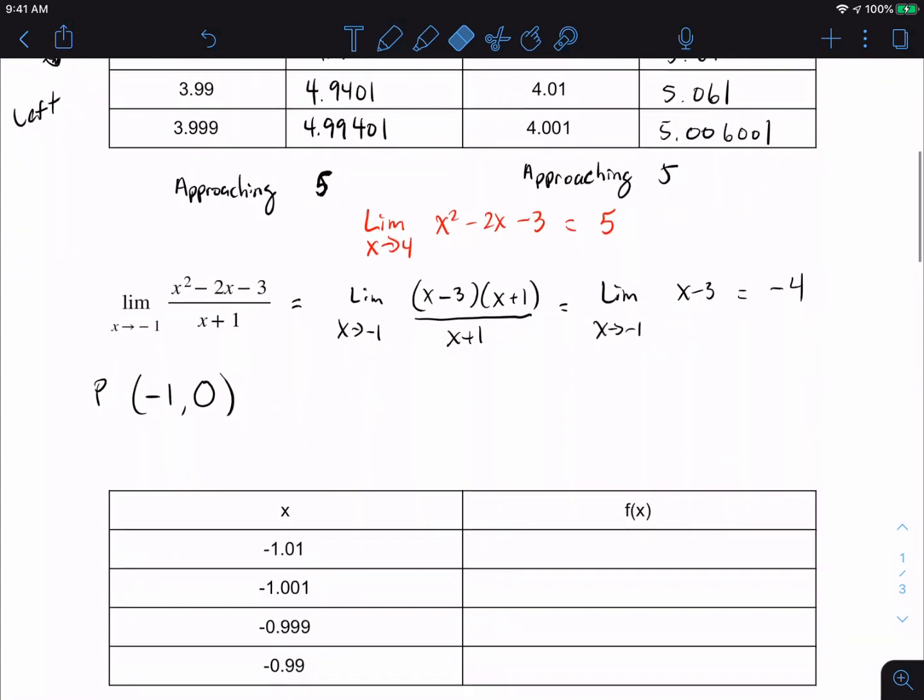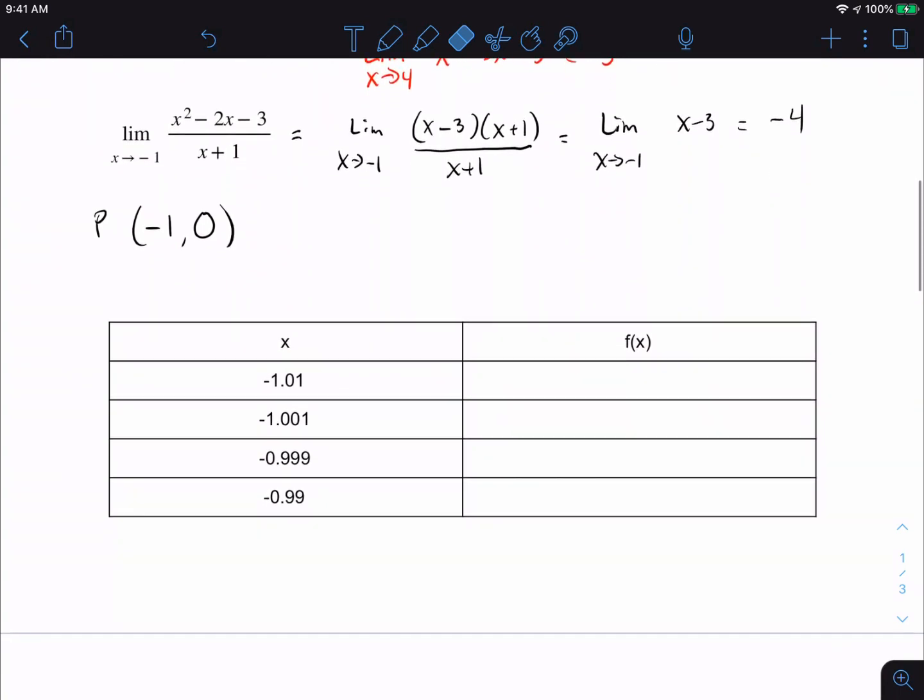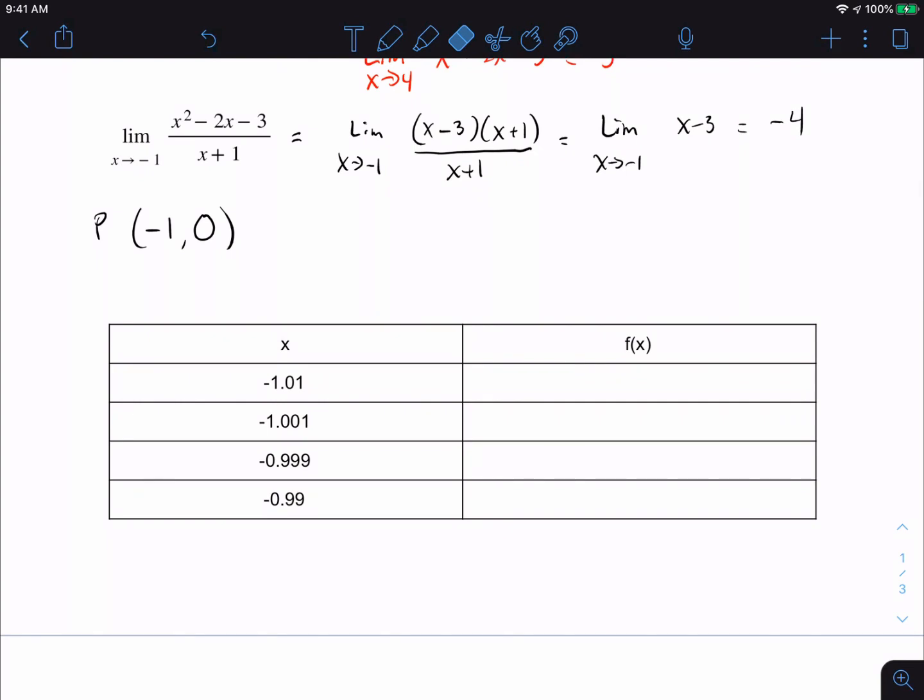And now I'm going to show you. I did it algebraically. Now you guys try to do it. This side up top, these guys here are approaching from the what? They're approaching from the left, right? Because -1 is further to the left, and these are approaching from the right. As I do this, I have the values. I won't make you guys do it because I'm sure you don't have your calculators with you.